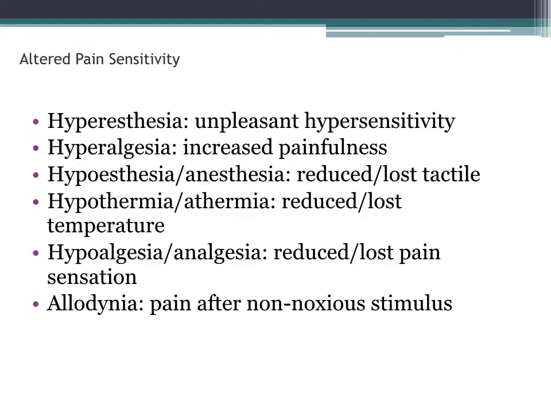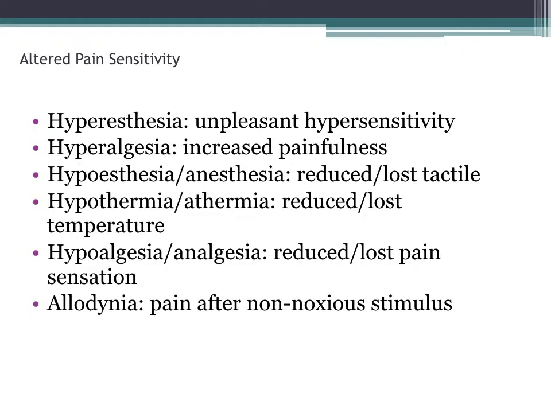Hyperalgesia refers to increased painfulness above what would be expected for the amount of injury that's there. Hypoesthesia means reduced sense of touch sensation. So you've touched somebody, but they don't feel the touch as strongly as what you would have expected them to have felt it.